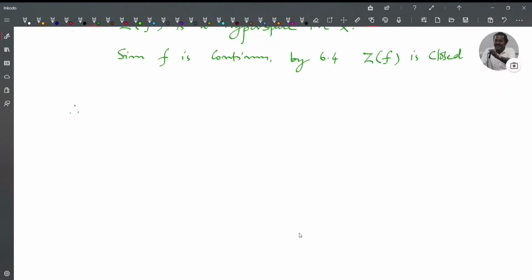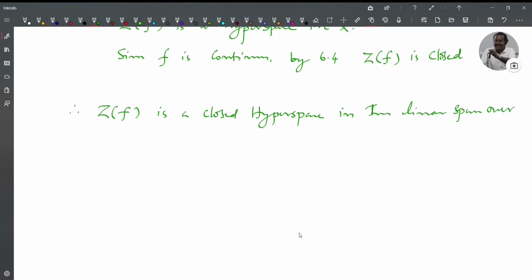Therefore, the null space of f is a closed hyperspace in the linear space over C such that Y is contained in Z and E intersection Z is empty. So this proves the theorem.